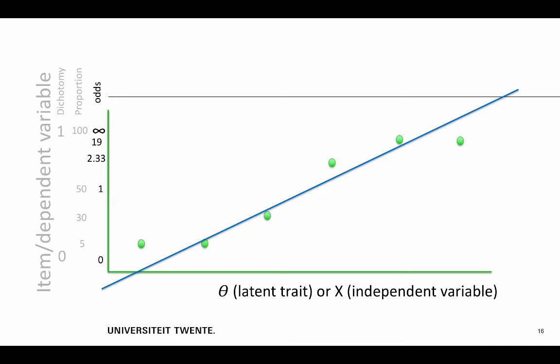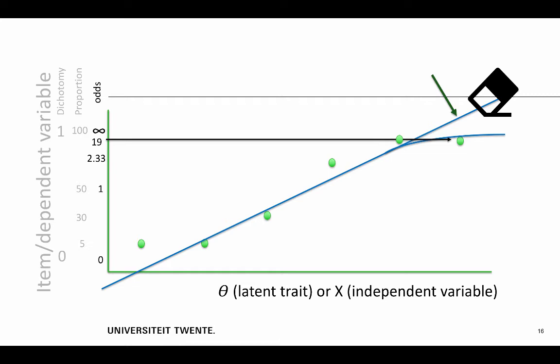And you can imagine that in between infinity and 19 there are a lot of numbers that are predicted. So what happens here is that the line that we estimate between the latent trait, the independent variable and the dependent variable, bends off. And we no longer have predictions above something, because we can never predict something more than infinity.